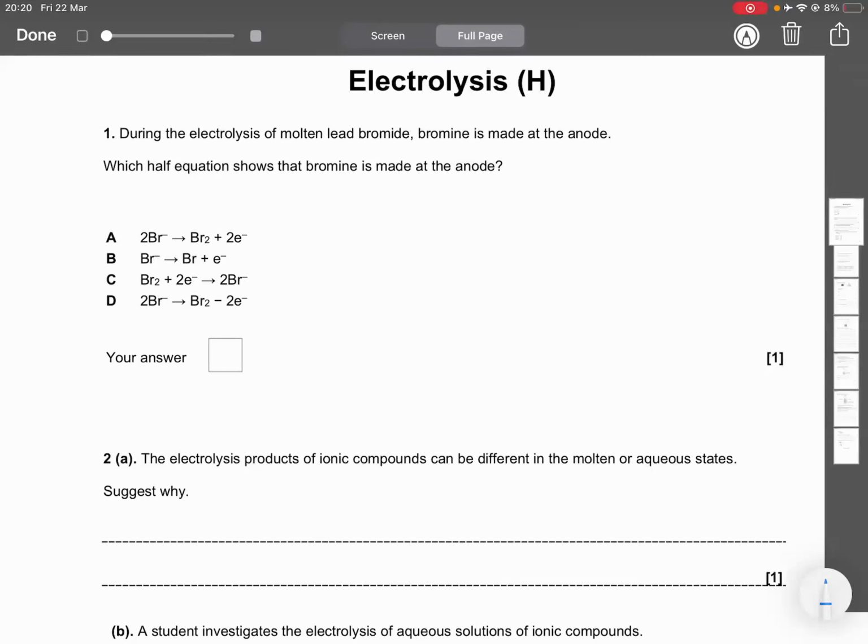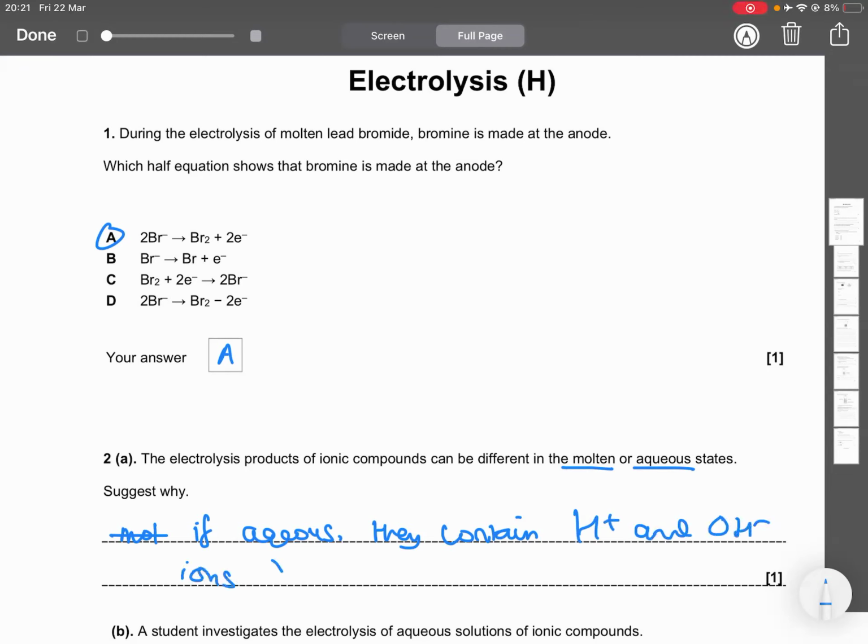So the answer for question 1 was A. And 2A says the products of ionic compounds can be different if they're molten or aqueous. So if they're molten, if they're aqueous, they contain H+ and OH- ions from water as well.